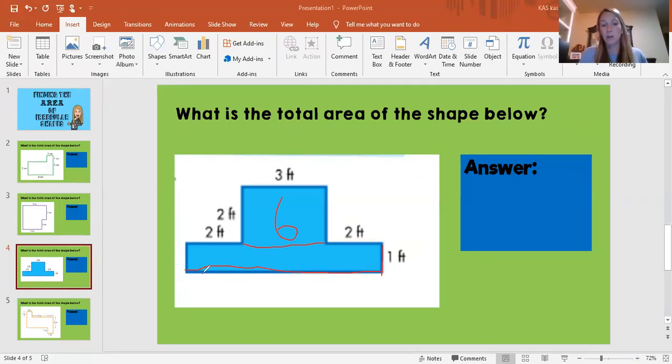Always look, if you're trying to find a missing side, look at all the other sides that are going the same way. Like, see how this is going horizontally? Okay, this is going horizontally. That's a 2. This is going horizontally. That's a 3. And this is going horizontally, and that's a 2.